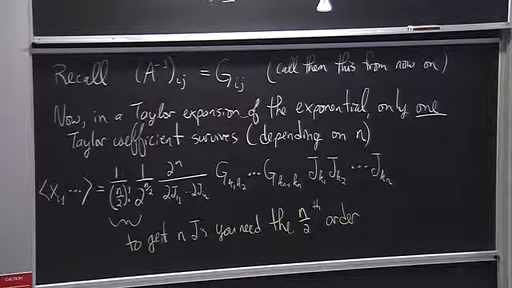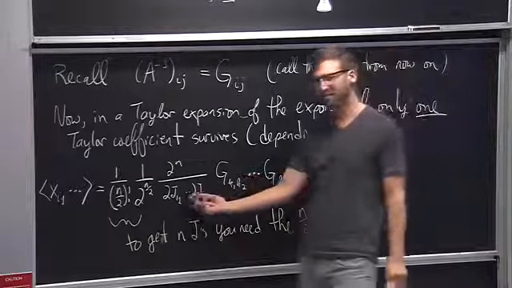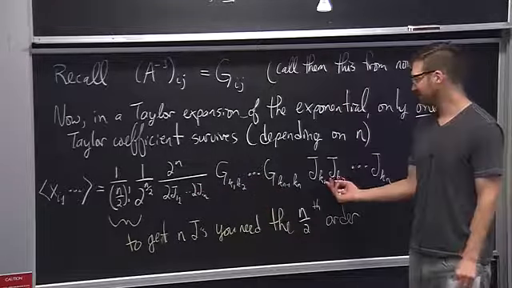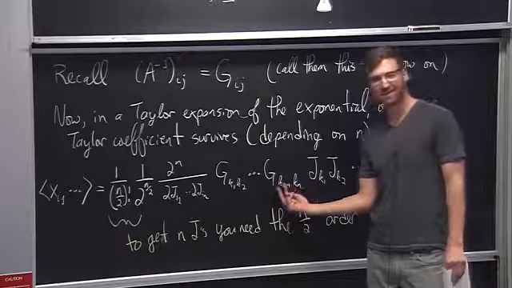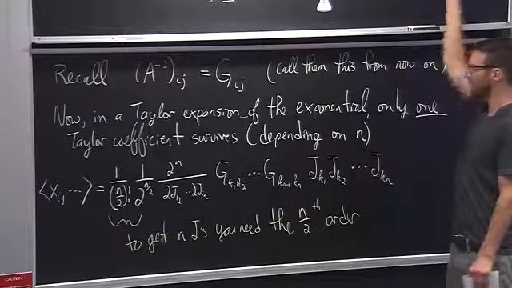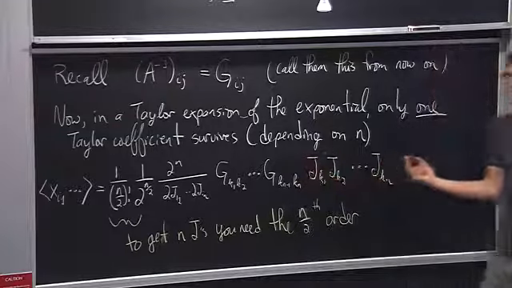Basically, we have to match these I indices with these J indices, these K indices, and they're constrained by the G's. Because each G is a matrix, or matrix element, so it has two indices in it.